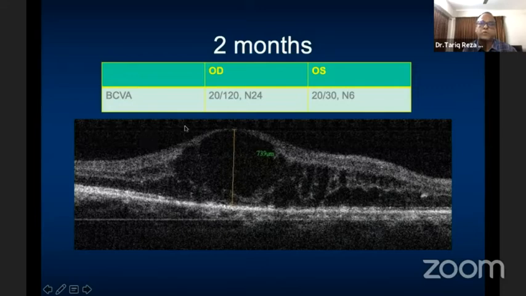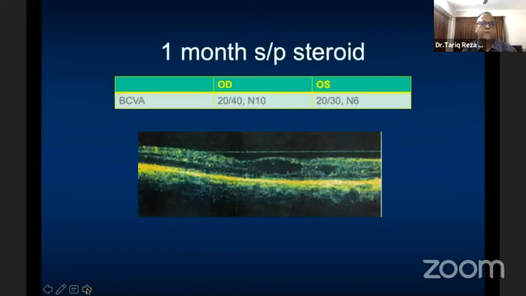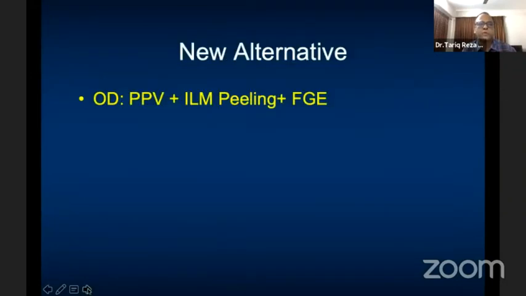So we decided on intravitreal steroid. After 1 month, vision improved a bit to 20/40, but after 6 months the vision again decreased to 20/200. So we decided to go for surgery: pars plana vitrectomy, ILM peeling, and fluid gas exchange.